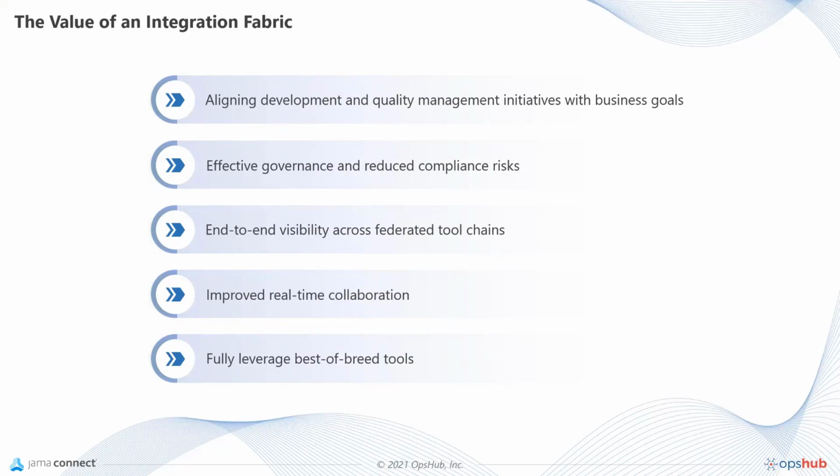Over the last 15 years or so, they've become ubiquitous throughout development, and the autonomy of teams and business units to decide which tools they should use to perform their work has become common. But it's made it challenging to keep alignment between business goals, development, and quality. This impacts governance and increases compliance risks, as Jeremy's talked about, particularly for those in highly regulated environments.